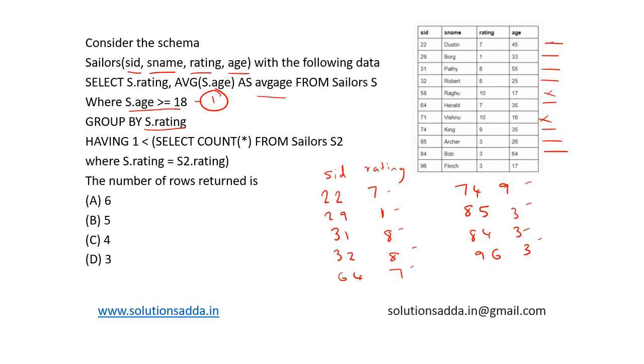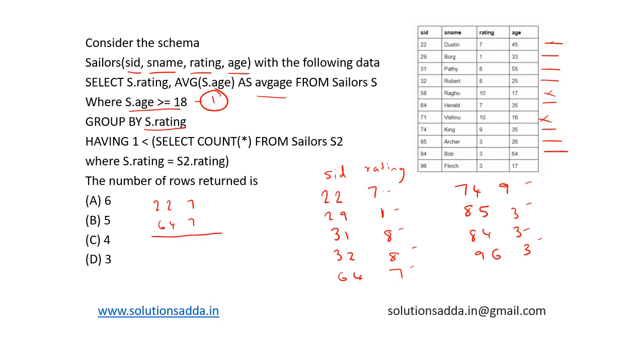Now we are grouping it by S dot rating. Since we are grouping it, how many groups will be there? So let's see the groups based on rating. For rating 7, we have 22,7 and 64,7. This is one group.